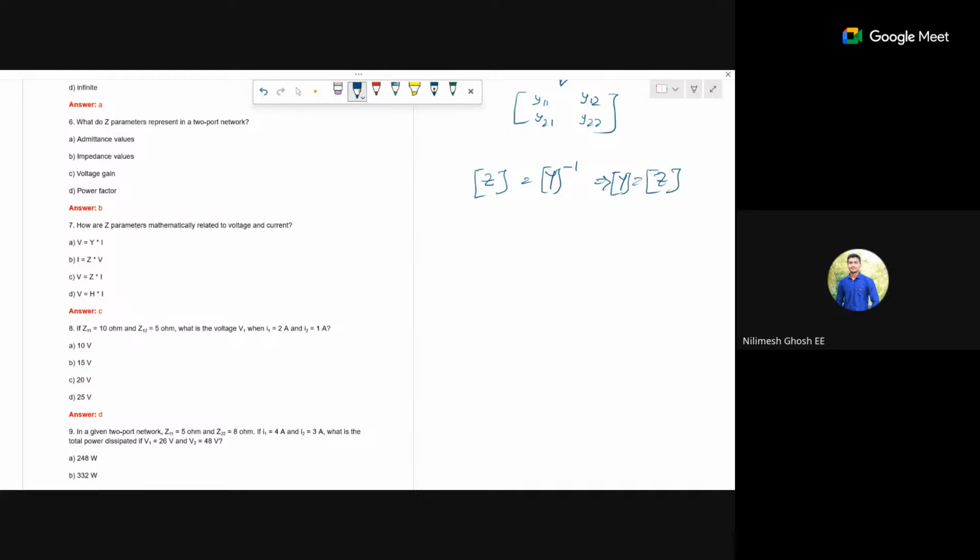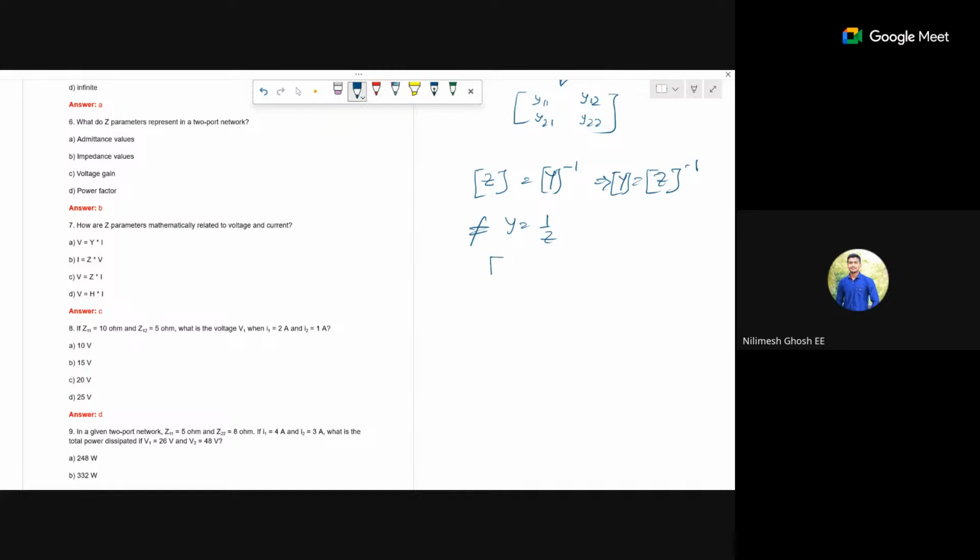But it doesn't mean that Y equals 1 by Z. That is the point I was talking about in the beginning of the lecture. It is a matrix visualization, but it is not equal to one by that.